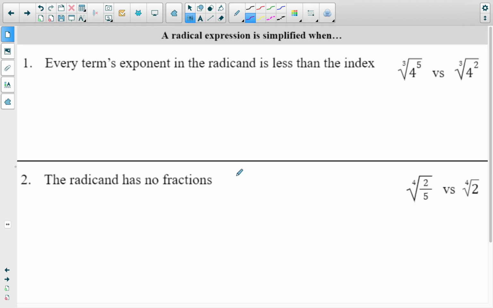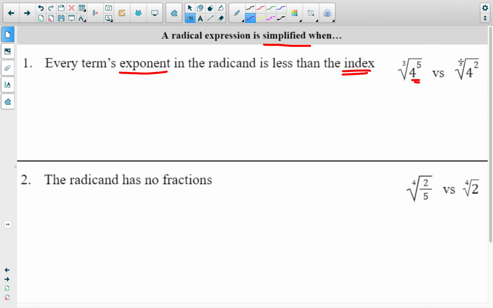All right, a radical expression is fully simplified when every term's exponent in the radicand, so everything underneath the radical, has an exponent that is less than the index. So an example here, the cubed root of 4 to the 5th, see how this 3 is smaller than the exponent there? That means we're not done simplifying yet, okay?